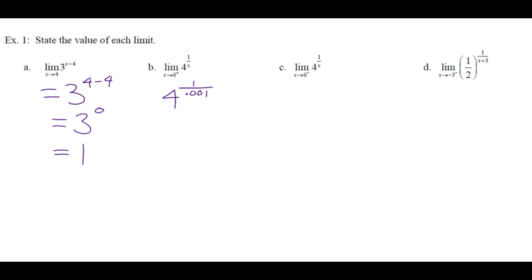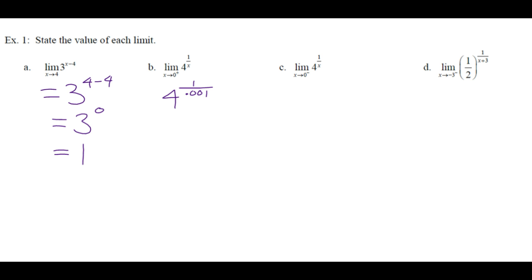I forget how many zeros there were. But what can we say about this number here? This number is going to be large and positive or negative? The charge on this number is positive or negative? It's going to be positive.